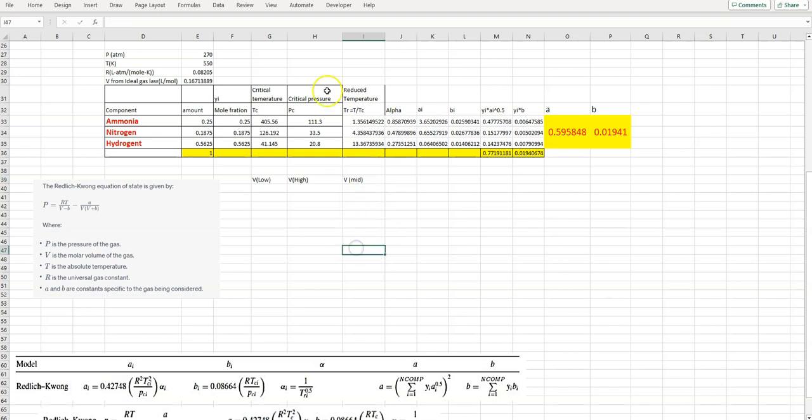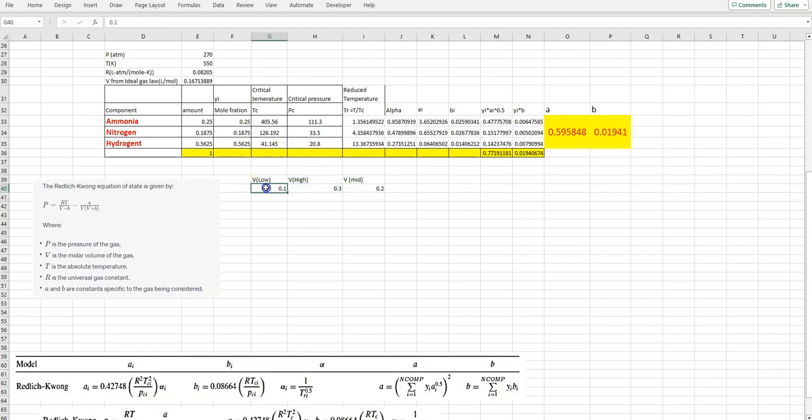From the ideal gas law we got this. Now suppose I'm choosing a very low value, 0.1, and a high value, maybe 0.3. So what will the midpoint be? Midpoint will be the average of these two, so the average will be 0.2.